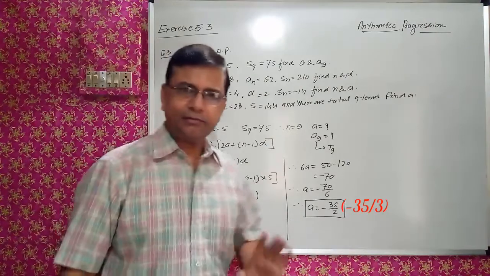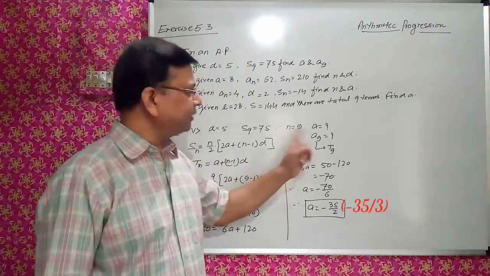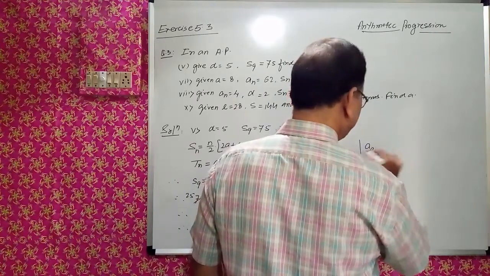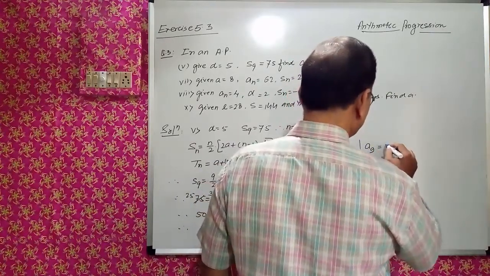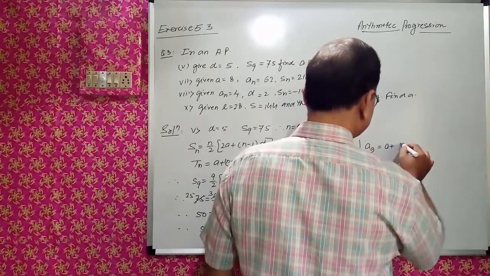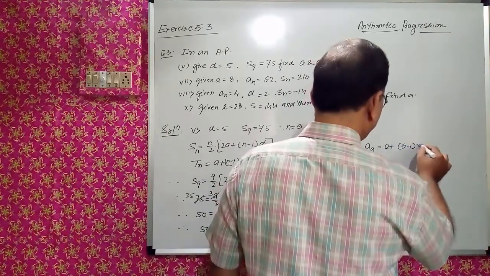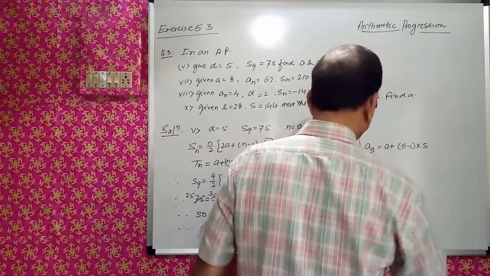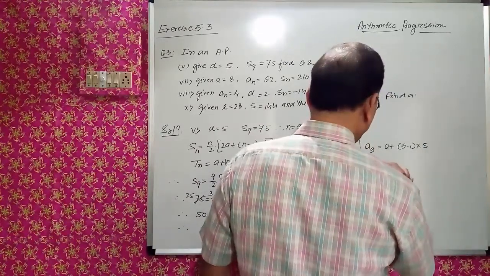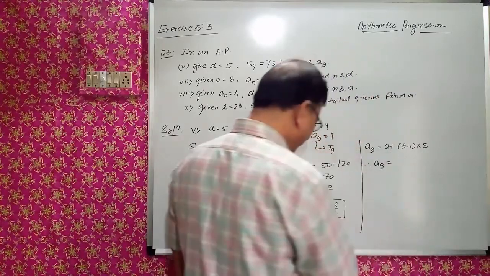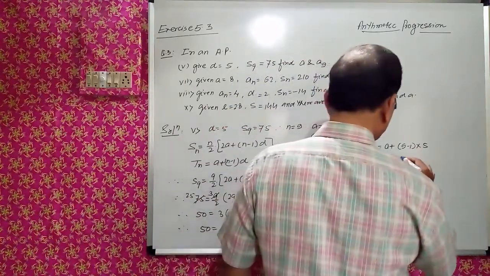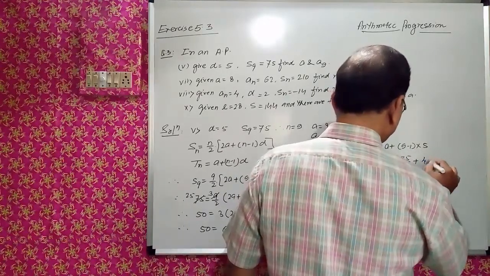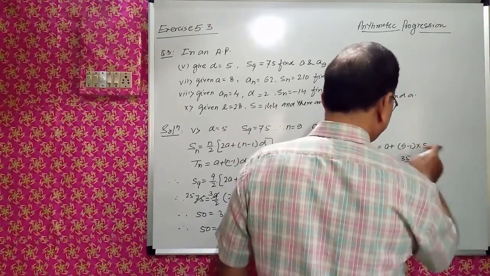So the value of a we found. Now we will find the value of a9. a9 is equal to T9. So a plus 9 minus 1 into d, d is 5, using this formula. Therefore a9 is equal to a we got, minus 35 by 3, plus 40. 8 into 5, 40.